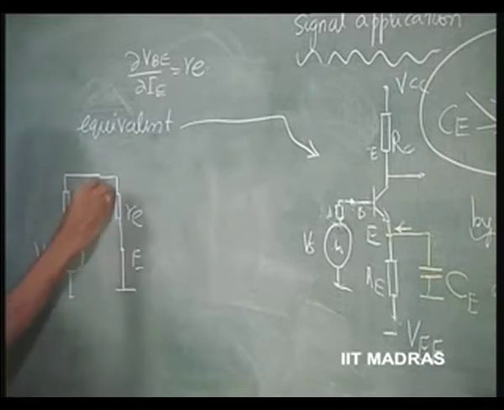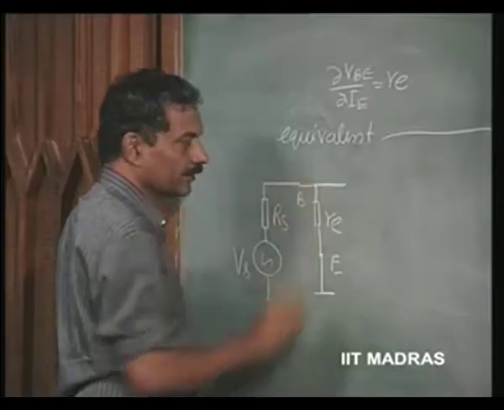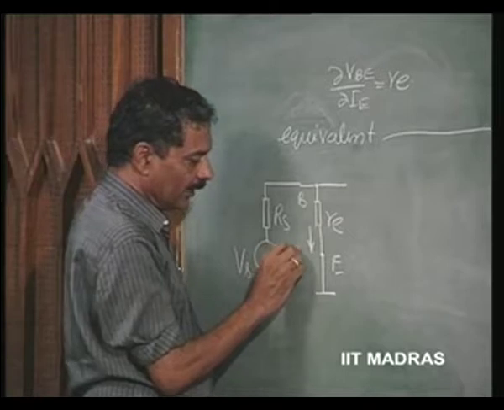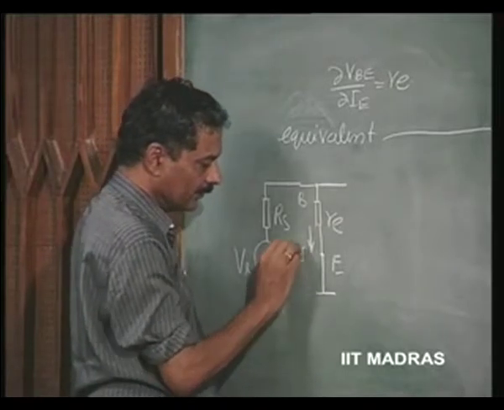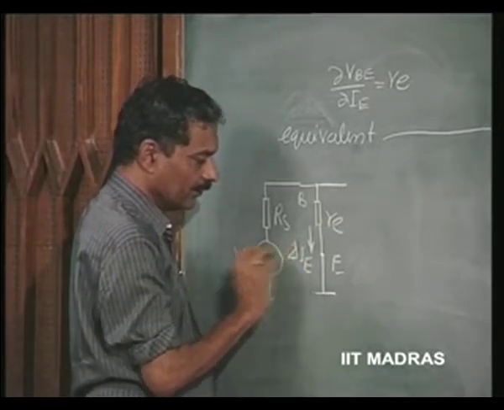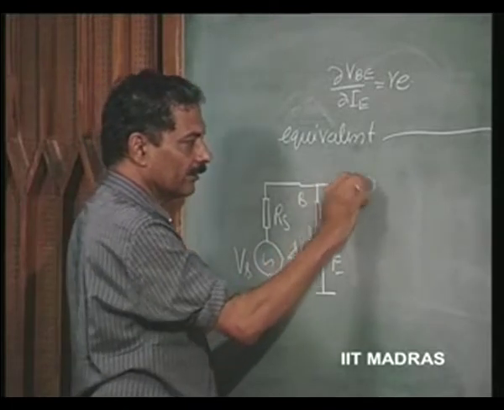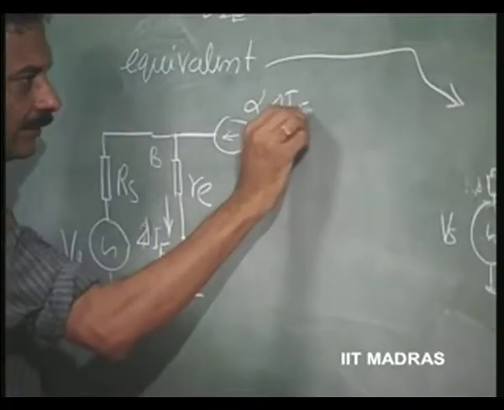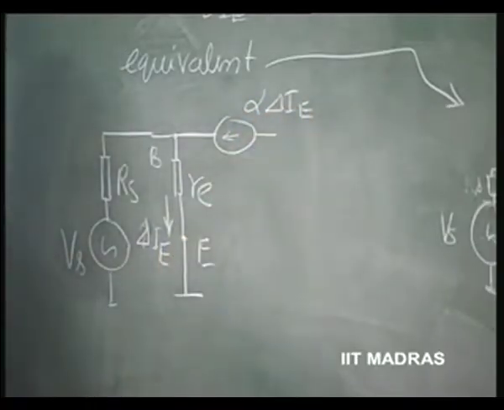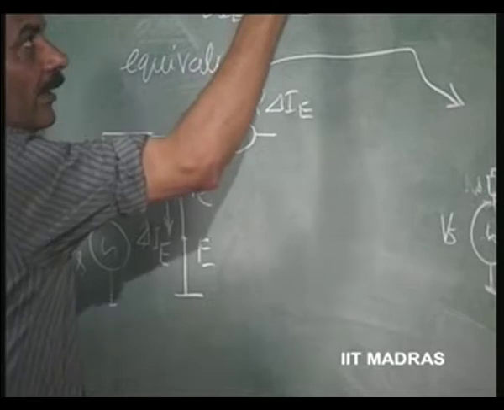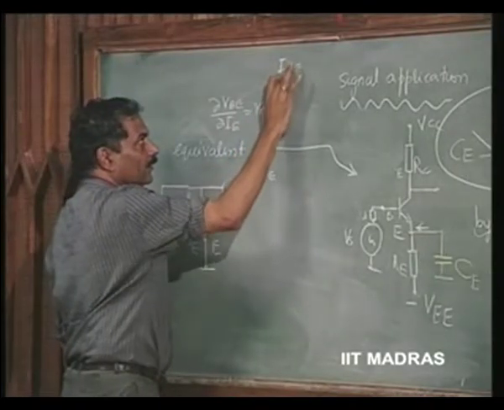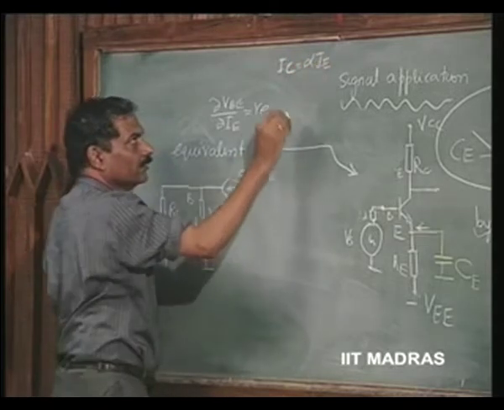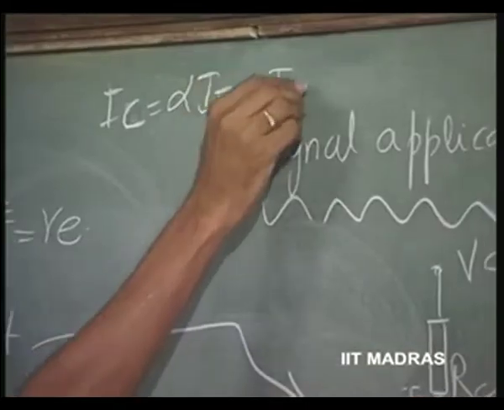Now, as far as this side is concerned, this junction, if this is delta Ie current, then this current is going to be alpha times delta Ie, which is the transistor equation, because we know that Ic is equal to alpha times Ie plus Ic naught.